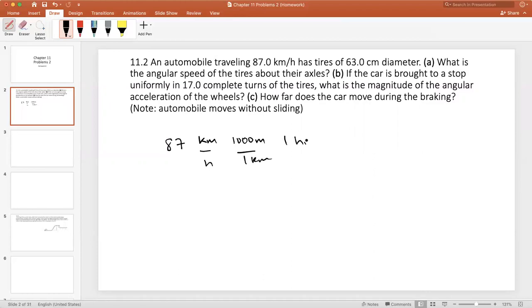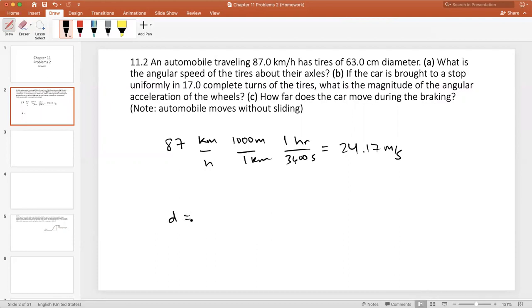In 1 hour, there are 60 minutes times 60 seconds, or 3,600 seconds. And this gives us 87 times 1,000 divided by 3,600, or 24.17 meters per second.